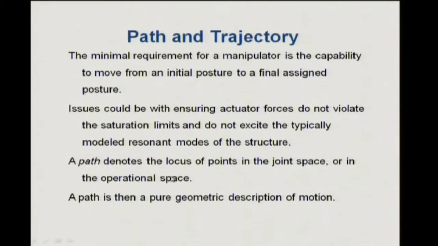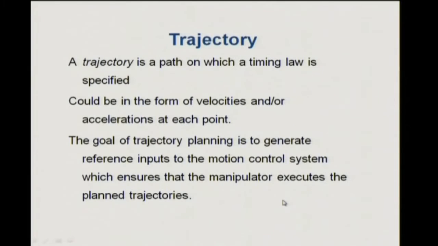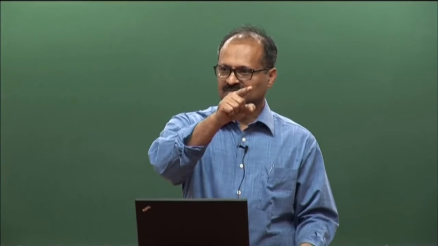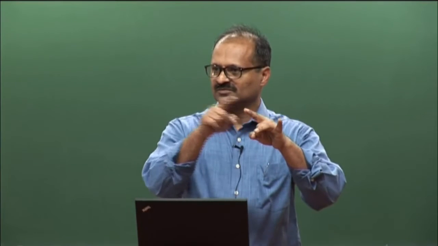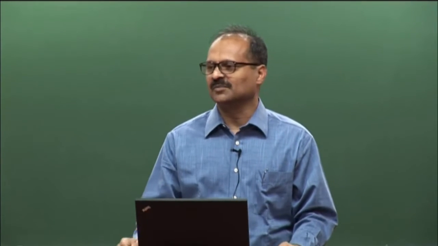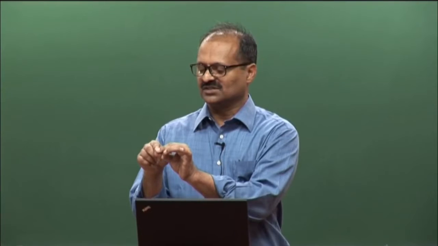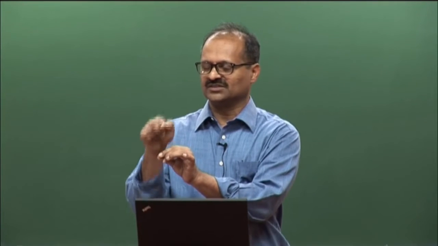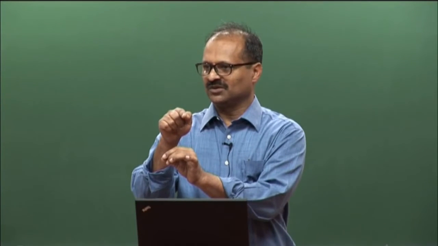Conventionally, a path is a pure geometric description of motion. If you take a path which is pure geometry, so go from here to here, this is just a locus, and then you specify a timing law, that you are at this point at 1 second, here you are at 2 seconds, here you are at 3.7 seconds.